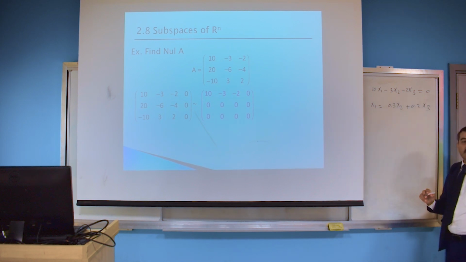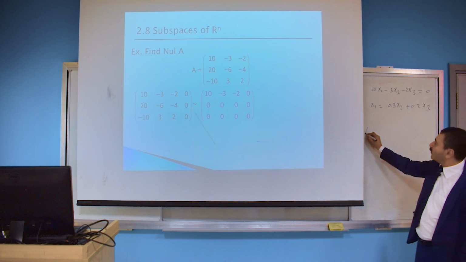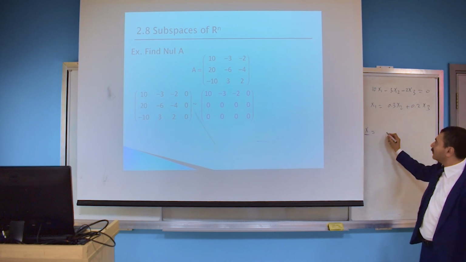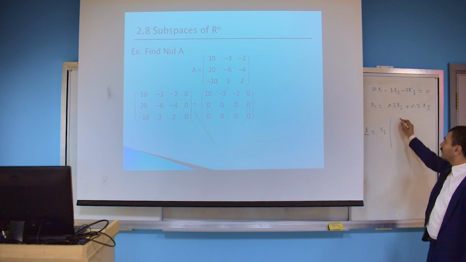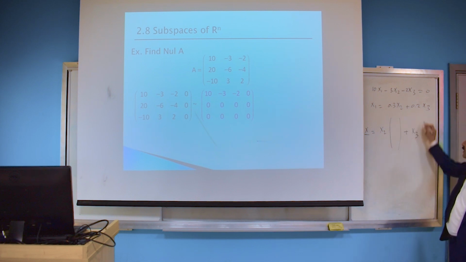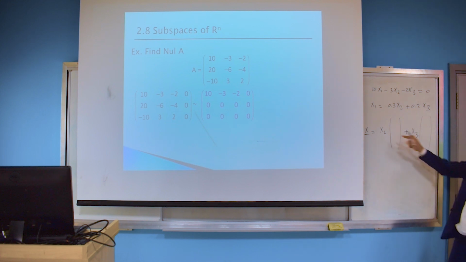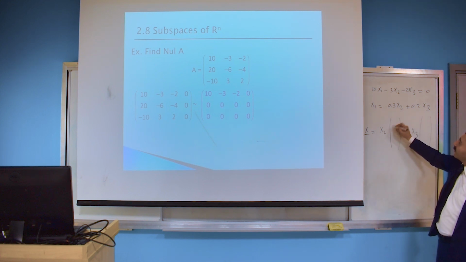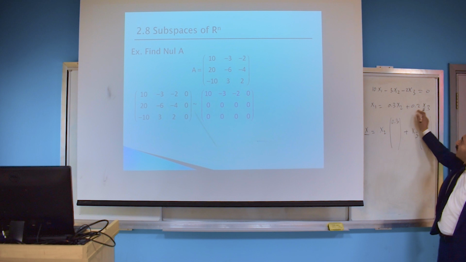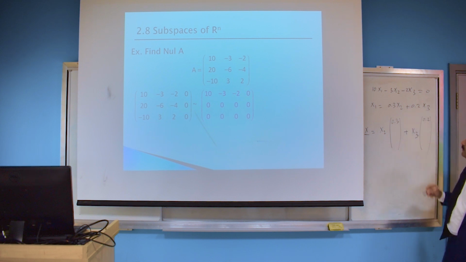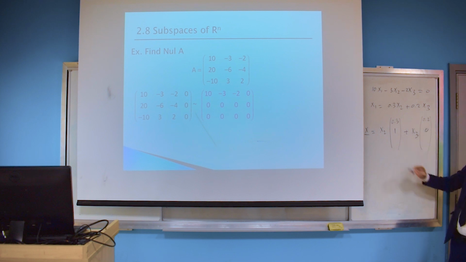Can you write it in vector form? x equals the free variables times vectors, right? So x1 is 3x2 plus 2x3, with x2 times (1, 0) and x3 times (0, 1).